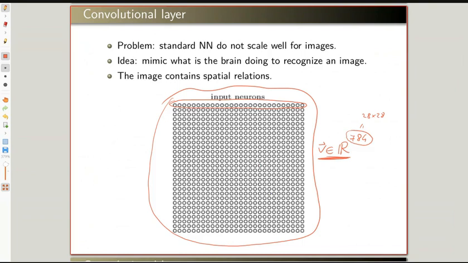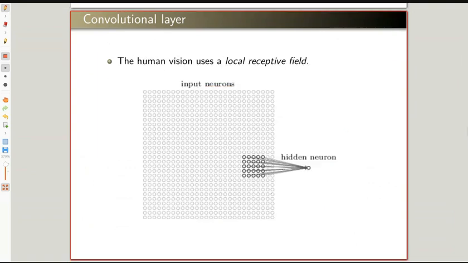So we want a model which is able to capture these spatial relations. And for this reason, we copy something that the human eye, the human vision, does. That is what is called the local receptive field. Now, remember how the neural network is?